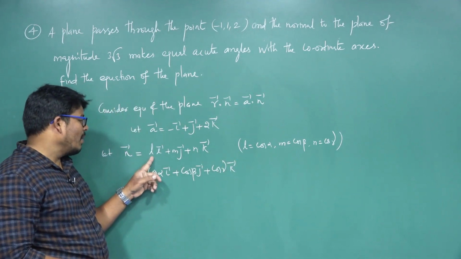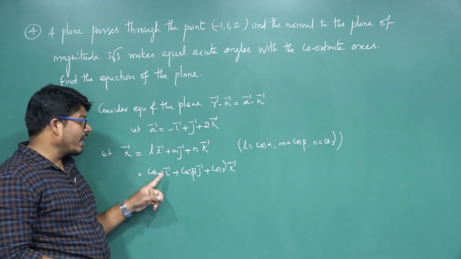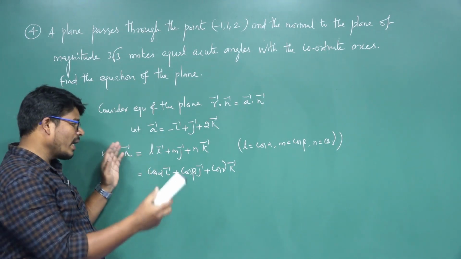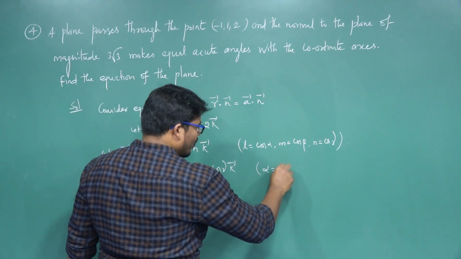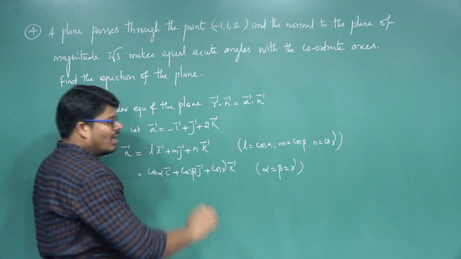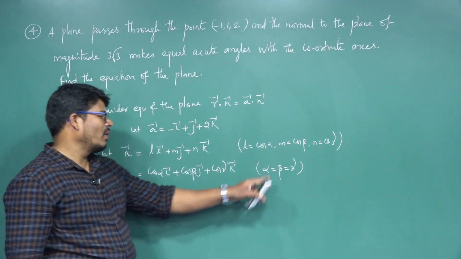Here the normal vector makes equal acute angles with the coordinate axes, therefore the angles are equal: alpha equal to beta equal to gamma.